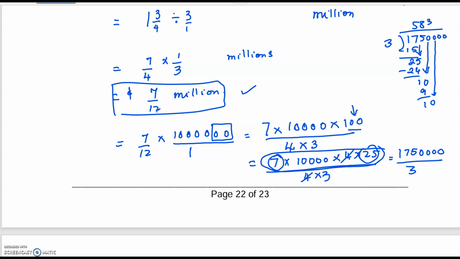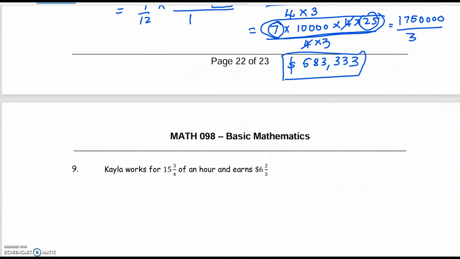Bring the 0 down. 3 times 3 is 9. And we do this 2 more times. So 7/12 of a million is roughly 583,333. That's the amount that each of his children got.